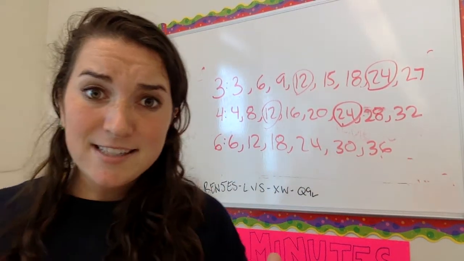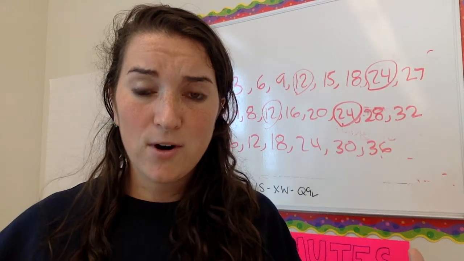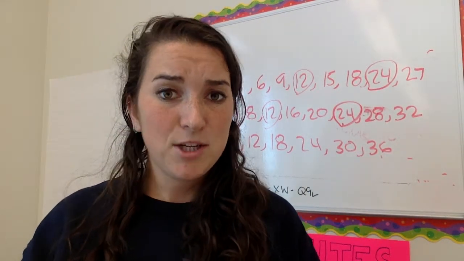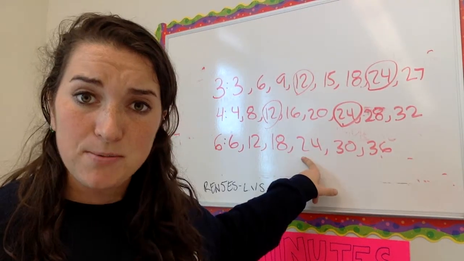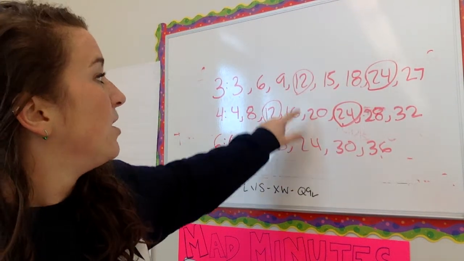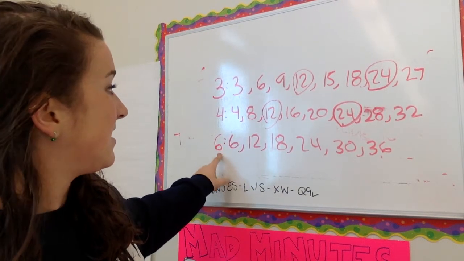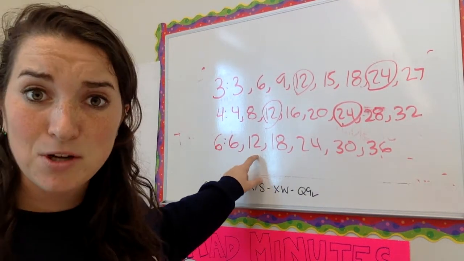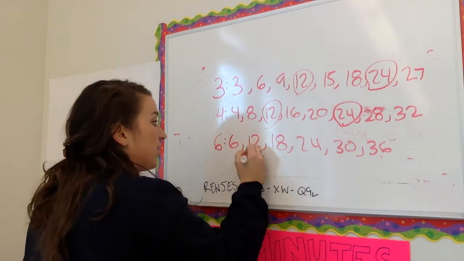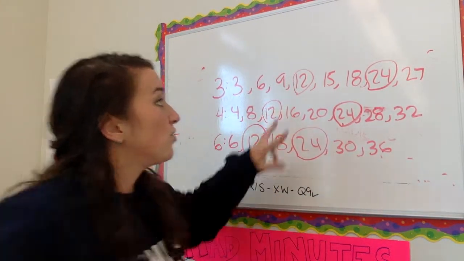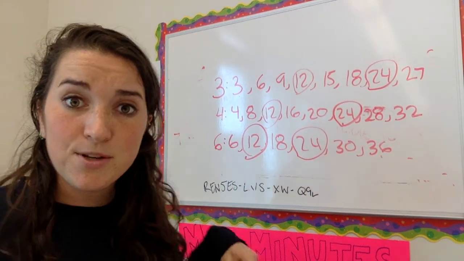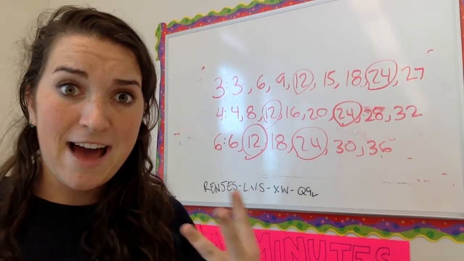But it's not asking for the least common multiple of 3 and 4. It's asking for the least common multiple of 3, 4, and 6. So I need to see what multiples all three have in common. So I see that 6 also has a multiple of 12. So I'm going to circle that. And it has a multiple of 24. So 12 and 24 are multiples that all three numbers have in common.